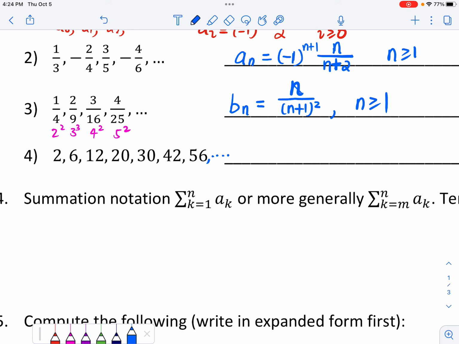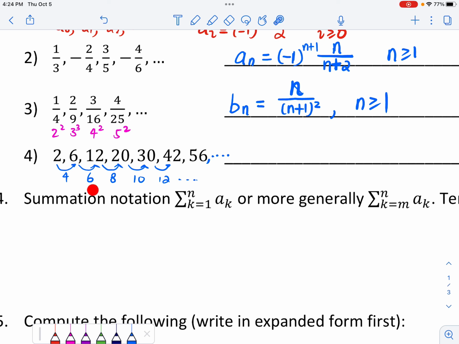And I do see that from 2 to 6, you can add 4. From 6 to 12, you can add 6. From 12 to 20, you can add 8, and 10, and 12, and so on and so forth.